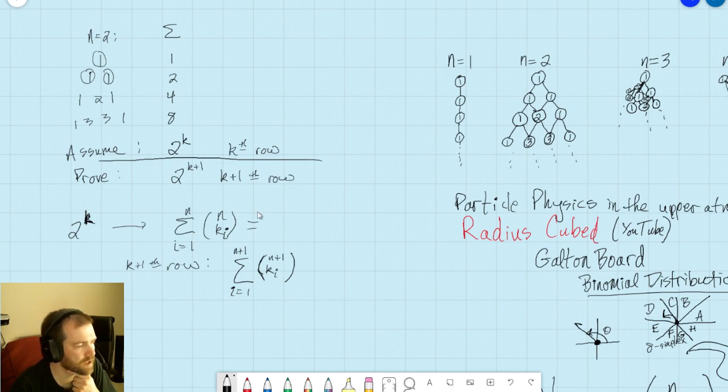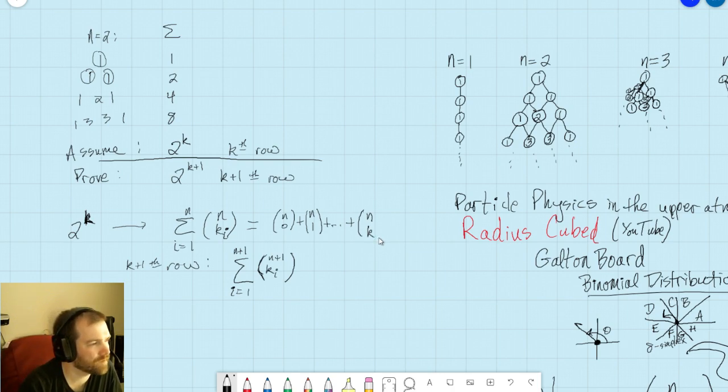Okay, so this is going to be n choose 0 plus n choose 1 plus going out to n choose k sub, I don't know, n over 2, or we could just do floor n over 2, it doesn't really matter.